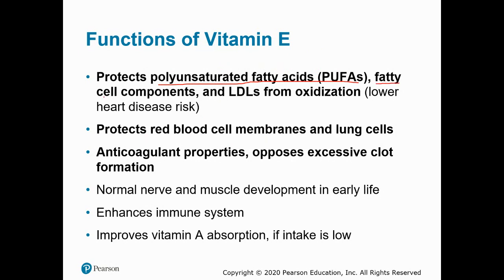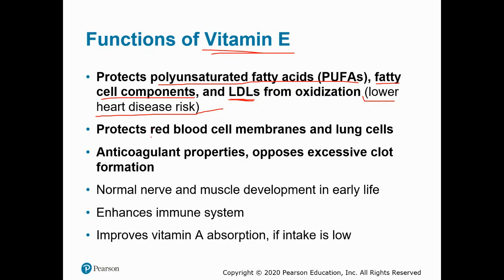We're also going to see, again, the fatty cell components, especially that cell phospholipid bilayer of the cell membrane, being protected by vitamin E. And vitamin E can also protect the low density lipoproteins from oxidation, which means vitamin E is actually a really powerful component of reducing the risk for heart disease, and even preventing heart disease.